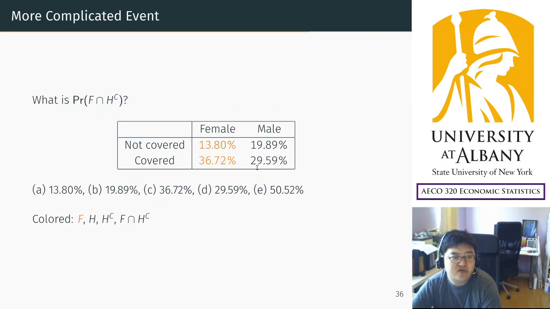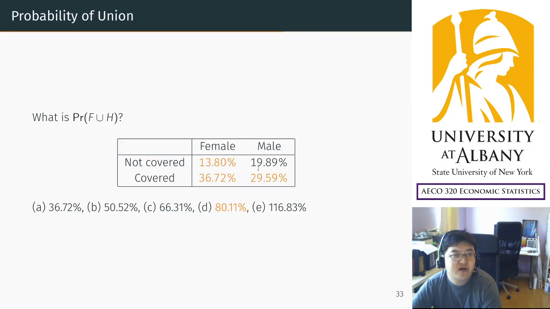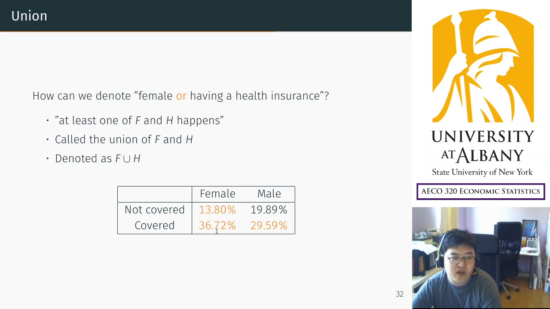Let's go back to our definition of union. Union is defined this way because F includes these two outcomes, and H includes these two outcomes.